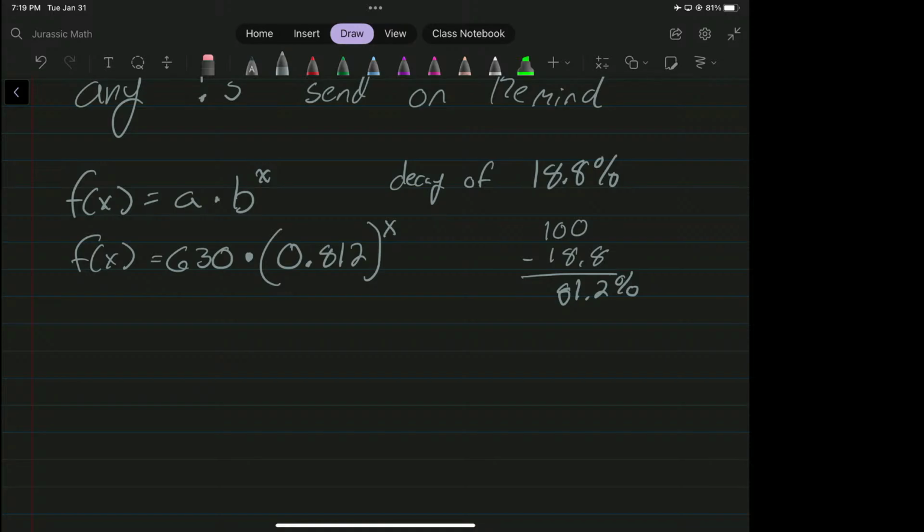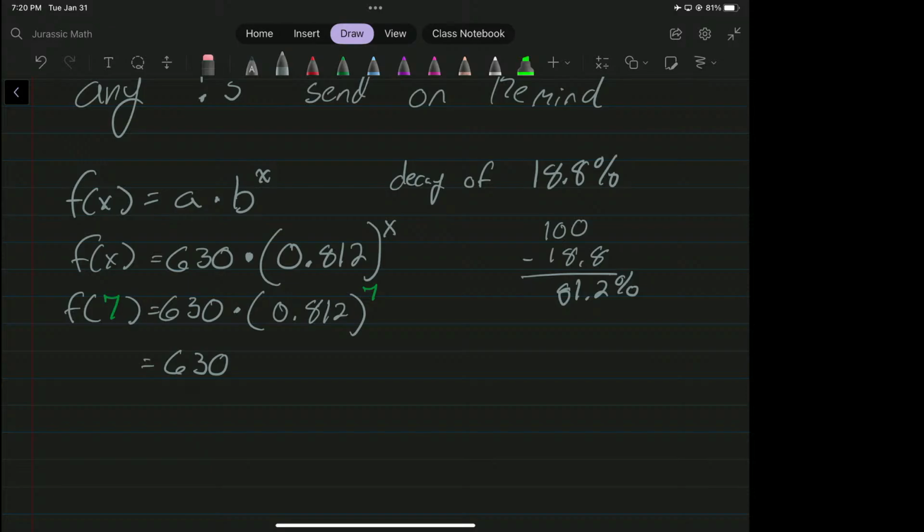Now, it's every minute, so it's asking how much is left after 7 minutes. So that means all we're going to do is wherever there was an x, we're going to put the number 7. Order of operations says do your exponents first. So I'm going to type into my calculator 0.812.